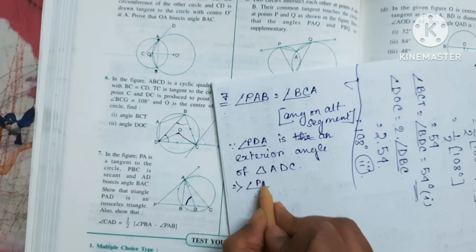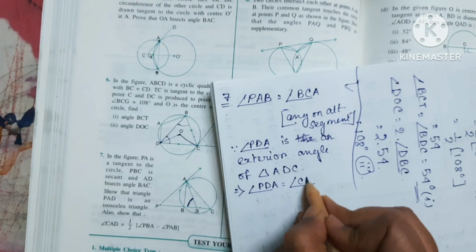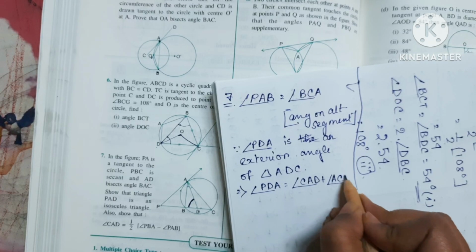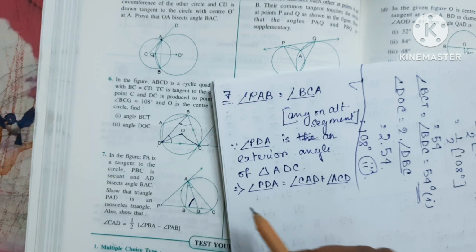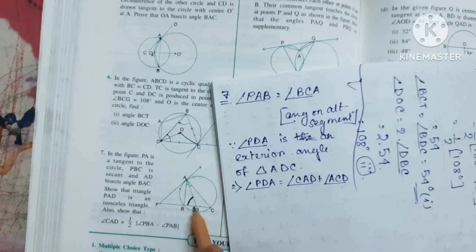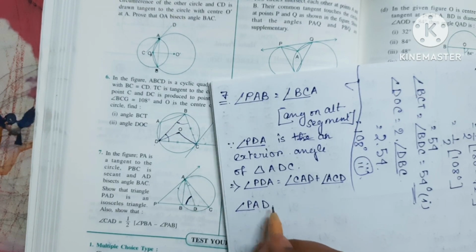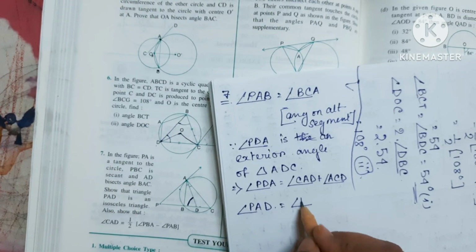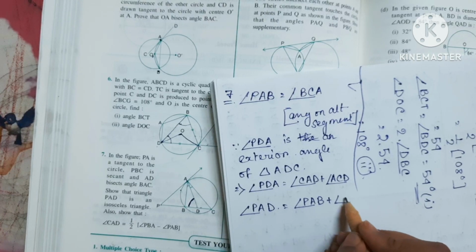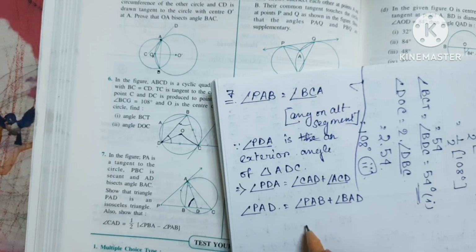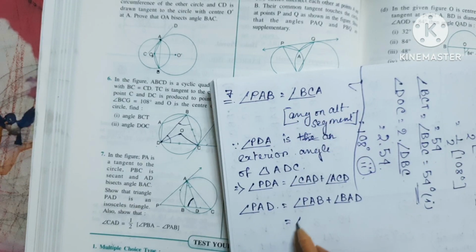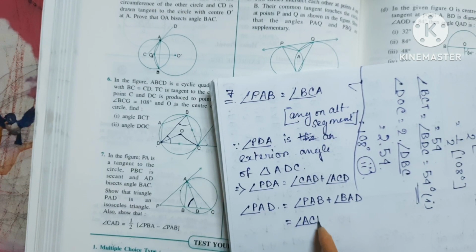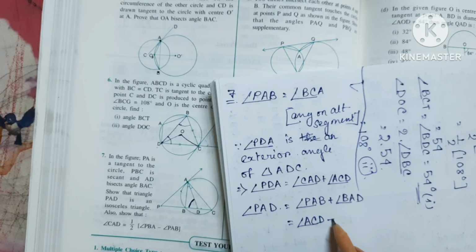That means angle PDA will be equal to angle CAD plus angle ACD. Now ACD means ACB, that is BCA, the same thing. And angle PAD is angle PAB plus angle BAD. Now PAB is equal to BCA, so you can write BCA or ACD, whatever, plus BAD.